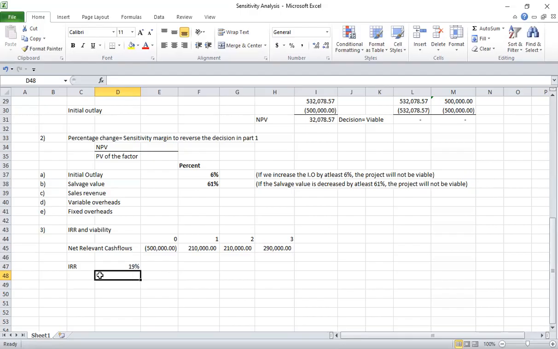What is the project viability? Is it viable or not viable?